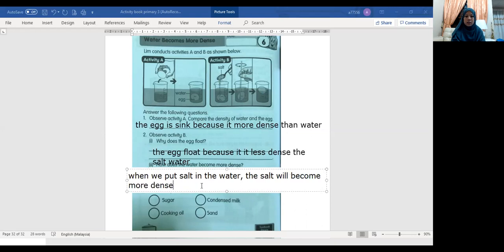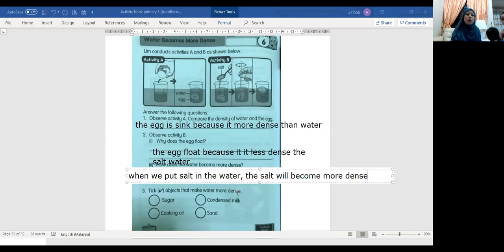Okay, the last question, question number 3. Tick the object that makes water more dense. Like I mentioned last time, when we put sugar or salt, the water will become more dense. So now you have to tick the objects that make water more dense.